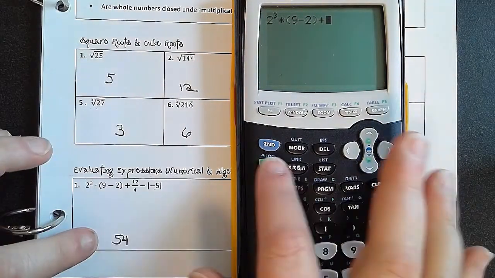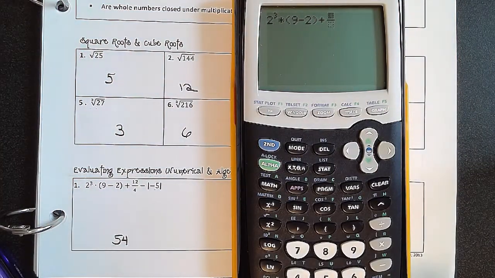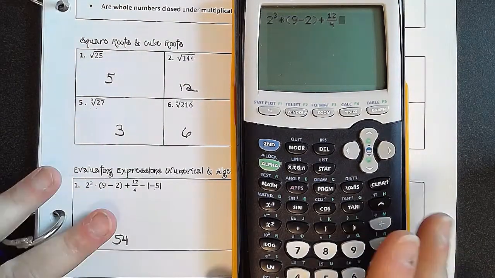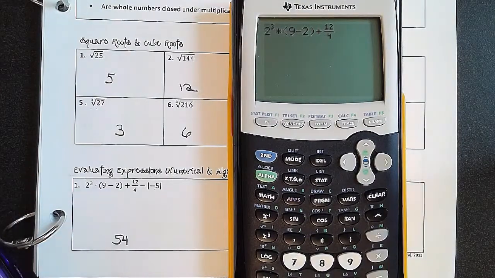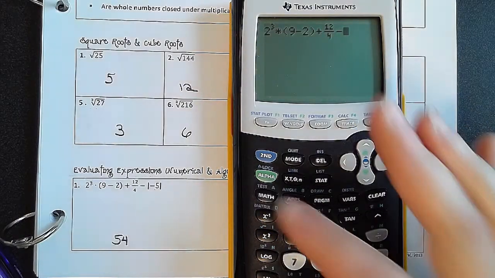So I'm going to do the alpha y equals thing again. 12 divided by 4. If you don't use your alpha y equals and you just use the division sign, that's fine, but you have to put parentheses around that fraction. Okay? And then I'm going to subtract, and I need to do absolute value. Absolute value is also found in our math.